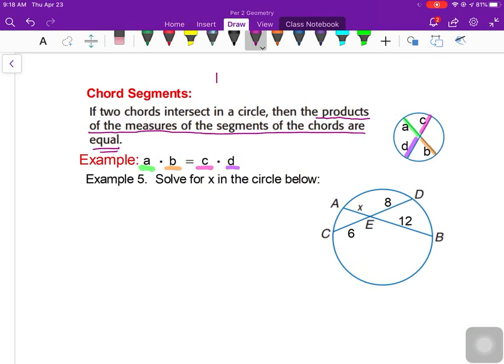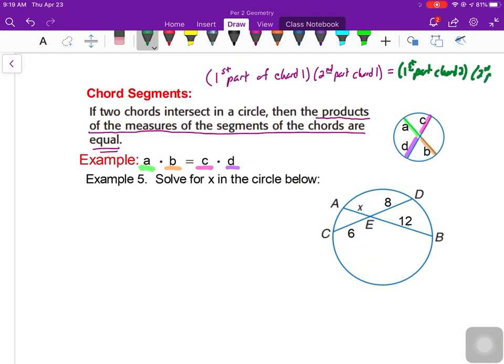What that means is when you take the first part of chord 1 times the second part of chord 1, it equals the first part of chord 2 times second part of chord 2.